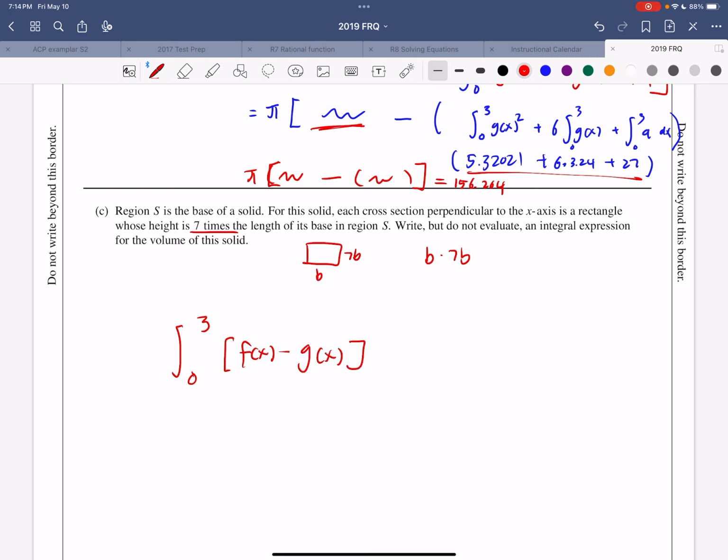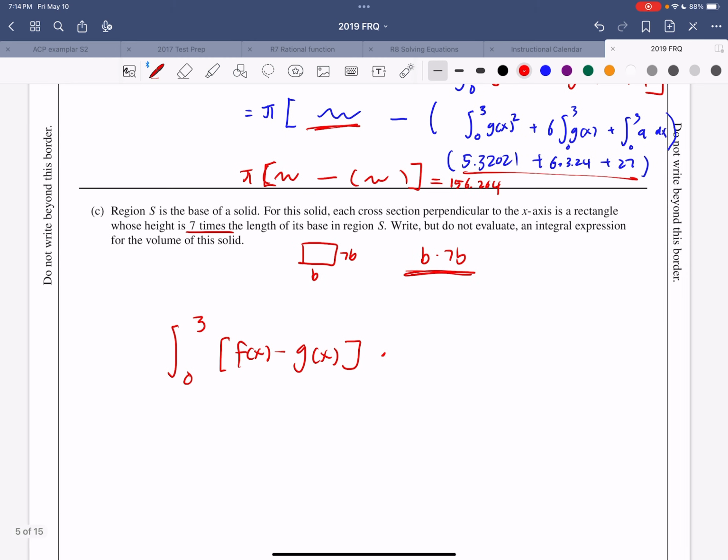So that's a base times, height is going to be 7 times its base. So 7 times exactly the same thing, right? That's it. And do you see, we don't even have to evaluate. We just have to set it up.